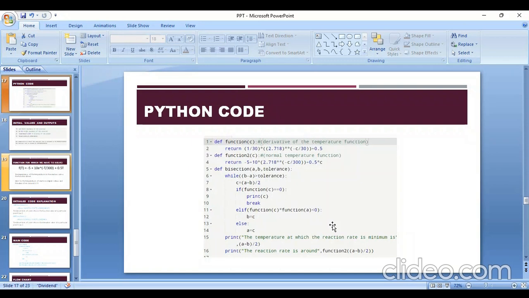If the interval length is less than tolerance, it will be exiting the loop and it will be printing the statements which are given below the while loop. We will be printing the value of the midpoint of the interval which is less than tolerance, and will be printing the value of the reaction rate at that value.